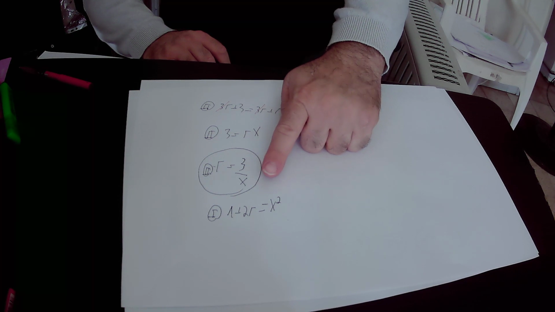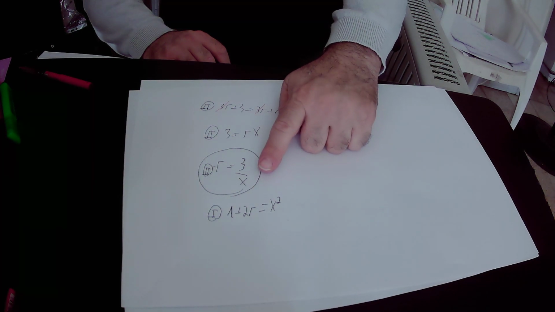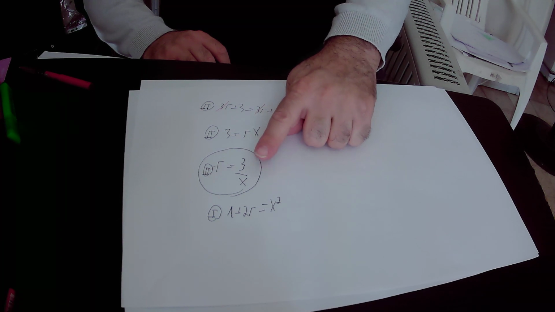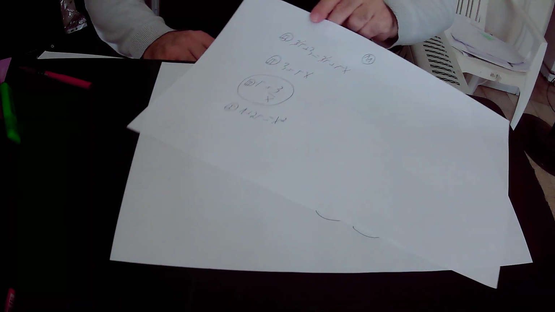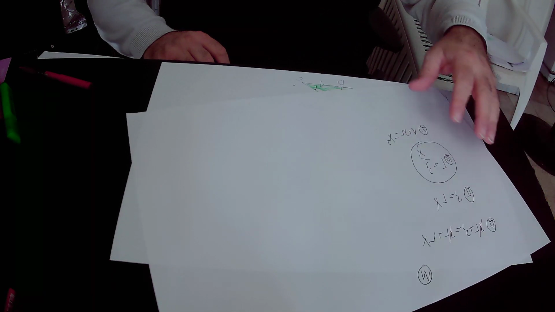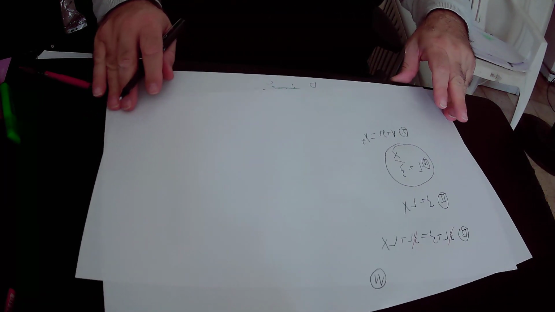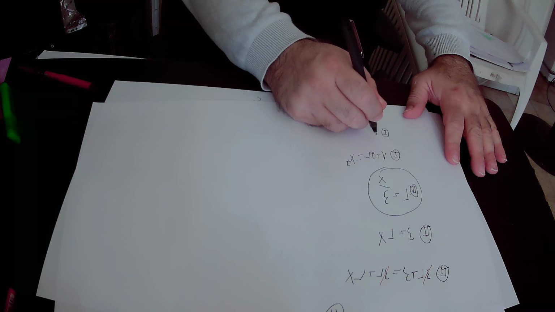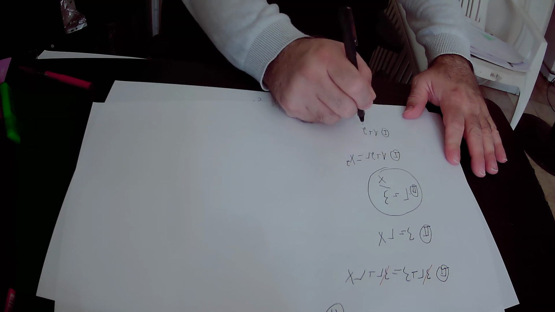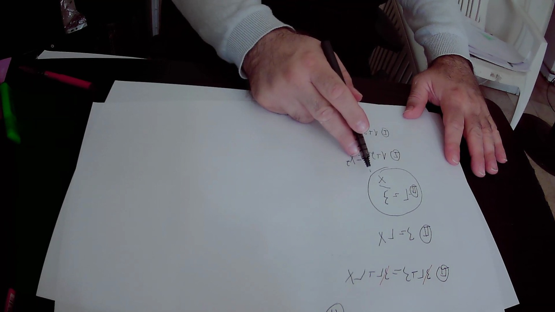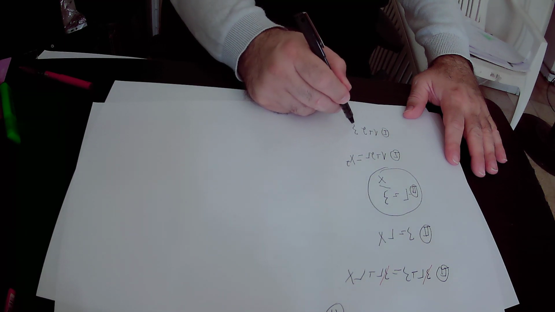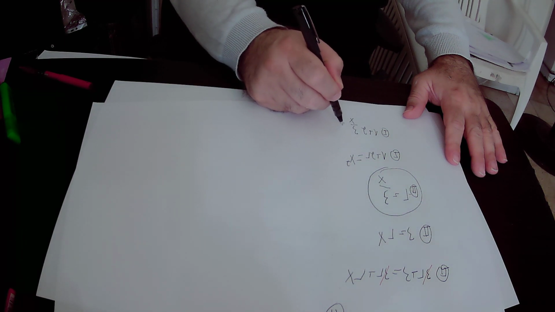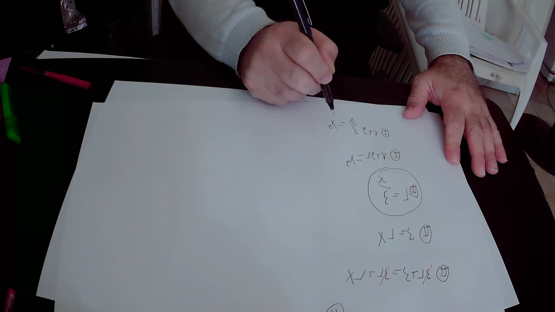So we get that 1 plus 2r, and r is 3 over x, equals x squared.